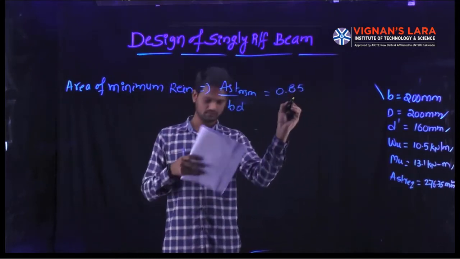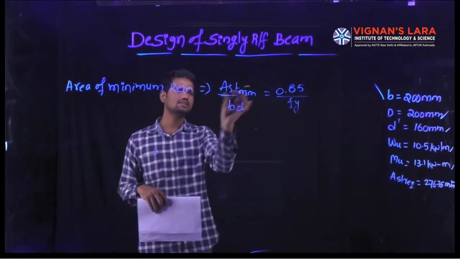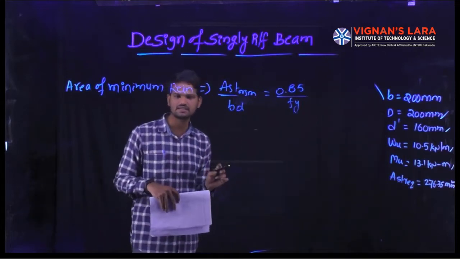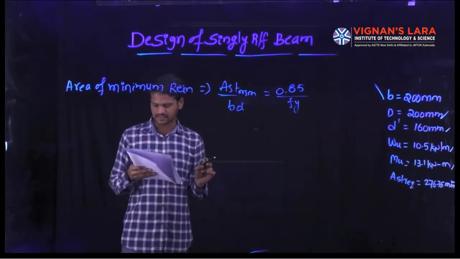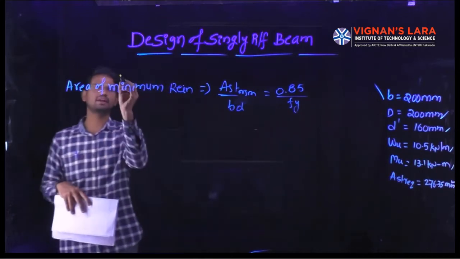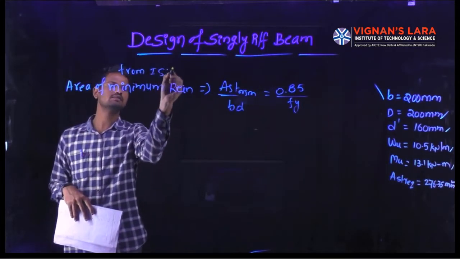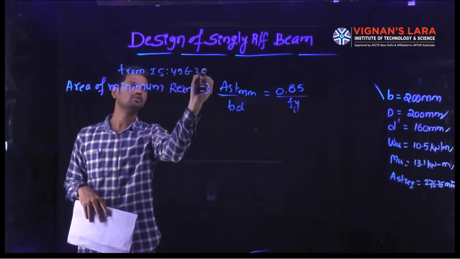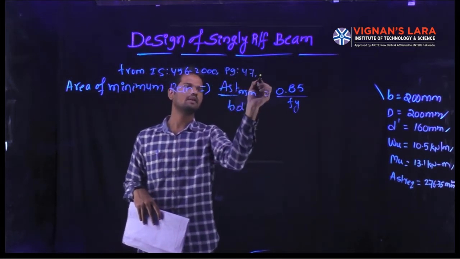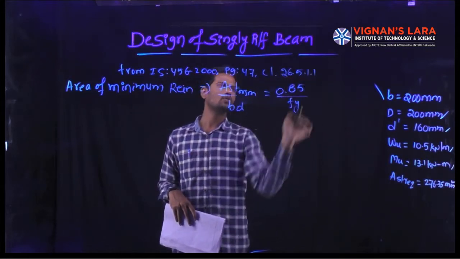0.85 divided by f_y. This is the formula we are taking from IS 456:2000, page number 47, clause number 26.5.1.1.